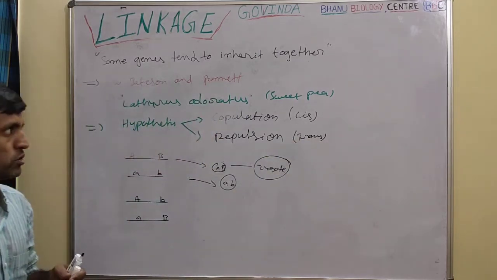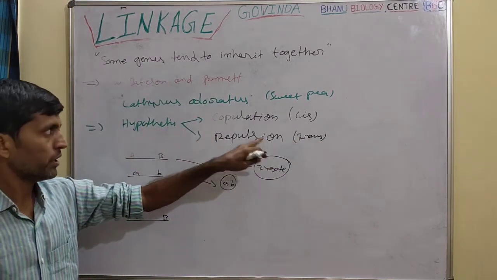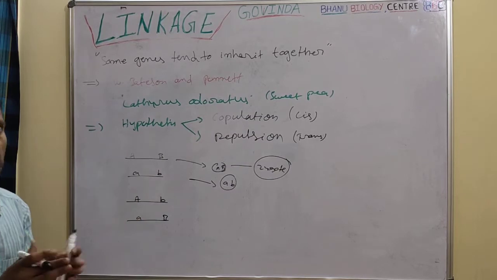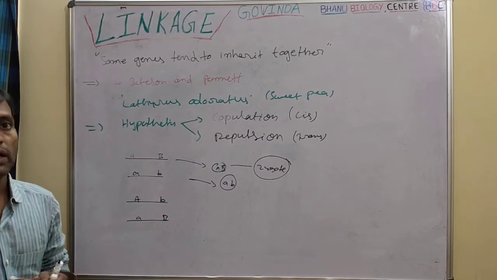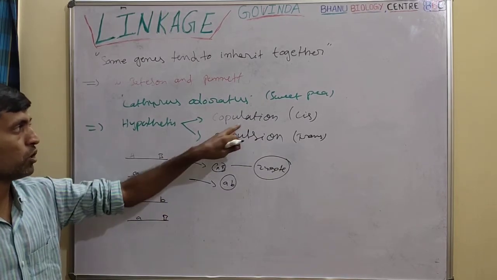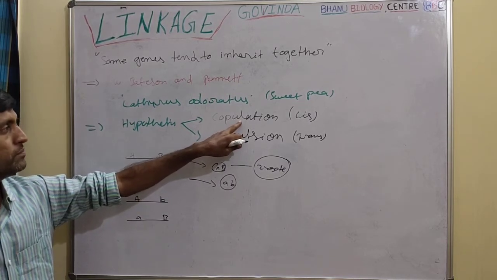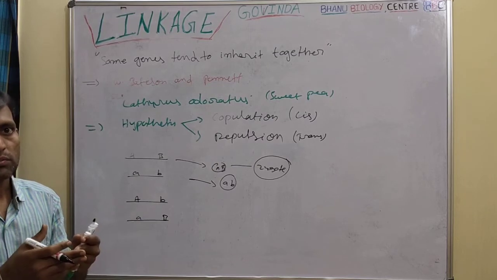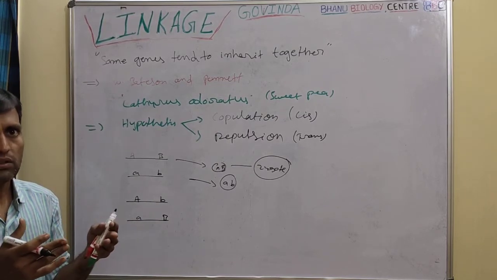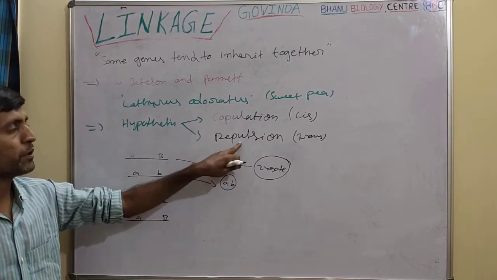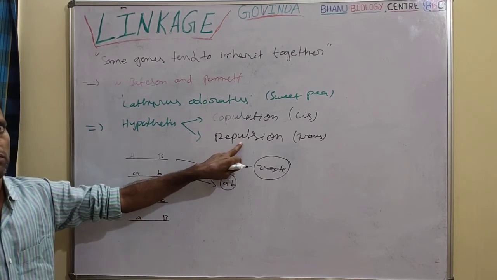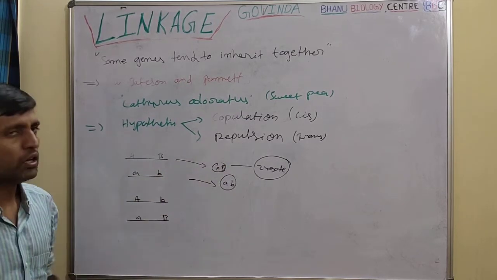So coupling is also called cis, repulsion is also called trans. Coupling means the genes come from the same parent, enter the same gamete and also enter the zygote. Coupling in general means the closing together of the genes, coming closer together. Repulsion means getting away from each other, going away from each other. That is called repulsion.